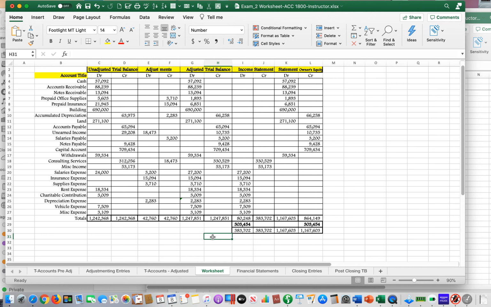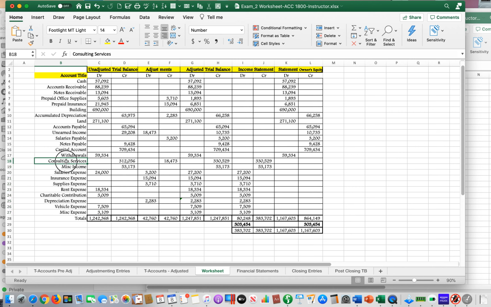Now, what we have are the last two major portions of the worksheet. The next two columns are the income statement columns, debit and credit. From consulting services on down to the last expense, they all belong on the income statement. They'll be in the proper order.